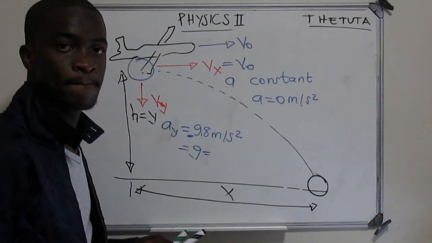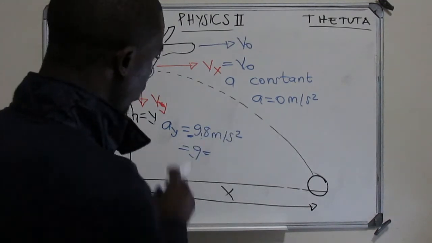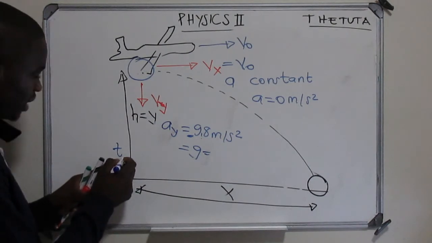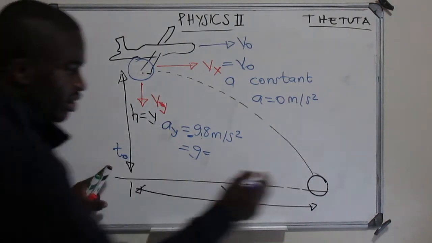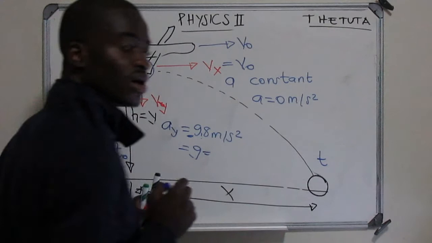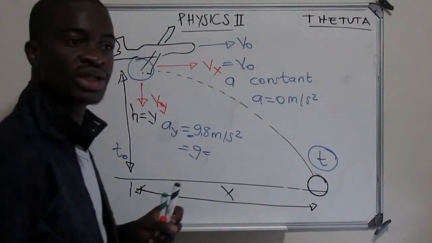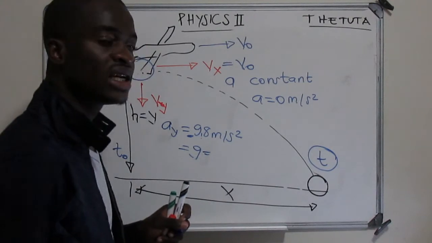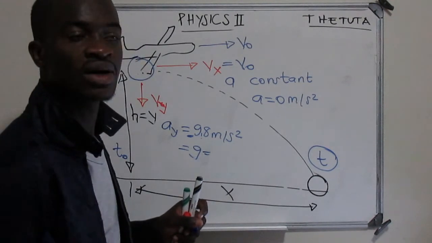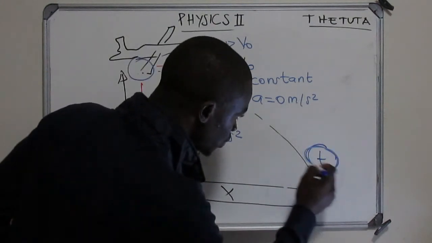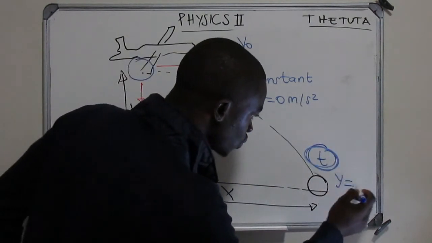Okay? But remember also, we're going to have a time, the initial time at which it was dropped, and the final time. The final time is more often called the projectile time. Which means at the final time, as you can see, our y is equal to 0.